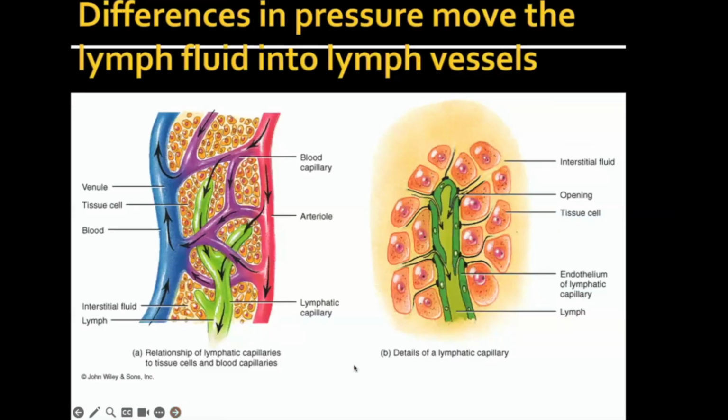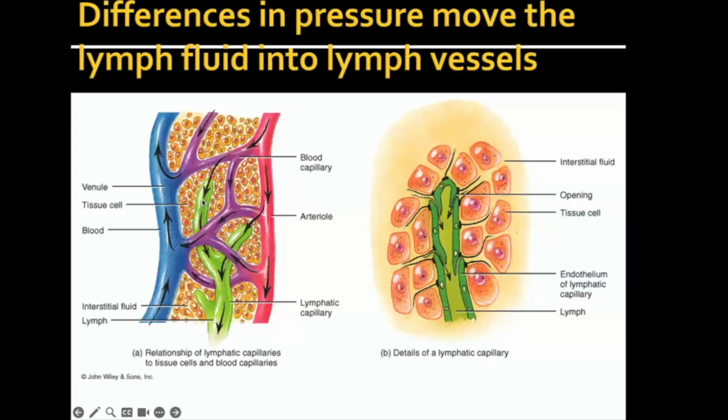So pressure differentials are what is going to move the lymph fluid back into the lymph vessels. You have higher pressure here in the interstitial space because all that fluid has leaked out, and you have lower pressure in the lymph vessels.